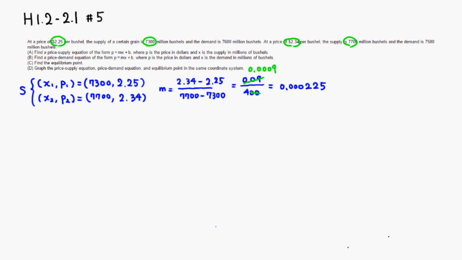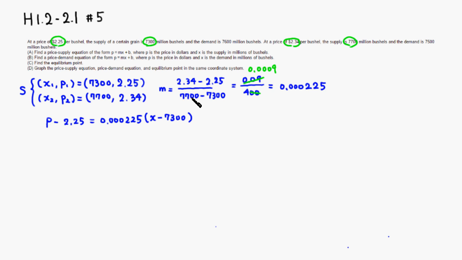Alright, by using the point-slope form, we can find the equation. So it's going to be P minus P1, which is 2.25, is equal to the slope, 0.000225, times x minus x1, which is 7,300.